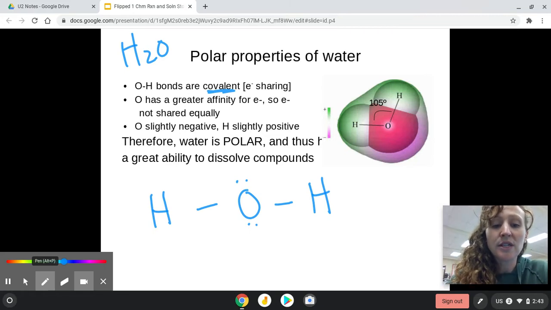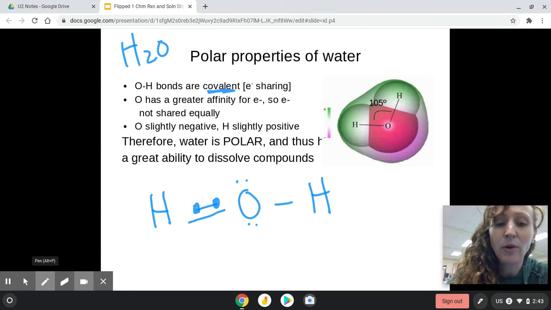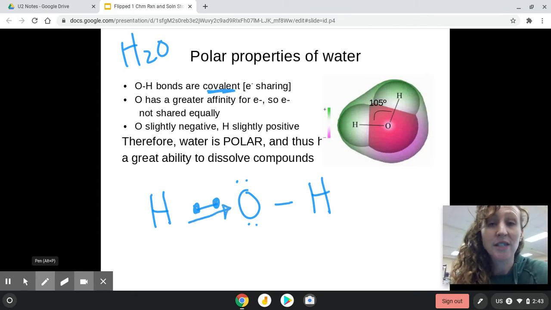So although these two electrons here are shared between hydrogen and oxygen, it doesn't mean that they spend equal amounts of time among both atoms, right? These are actually pulled towards oxygen because oxygen is more electronegative. So these electrons that are bonding hydrogen to oxygen, they spend more time around oxygen.